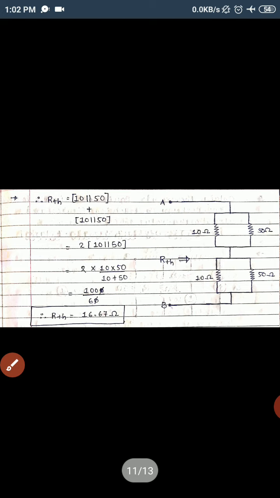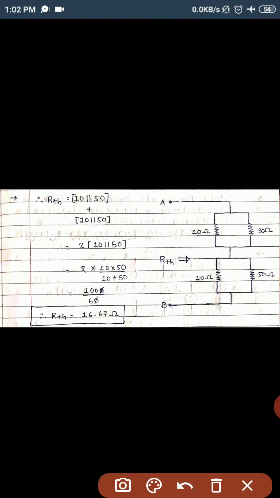From terminal AB, if we simplify this figure, 10 ohm and 50 ohm become parallel, and again 10 ohm and 50 ohm for the second branch come into parallel, as we see the entire network from terminals A and B. So RTH equals 10 parallel 50 plus 10 parallel 50.